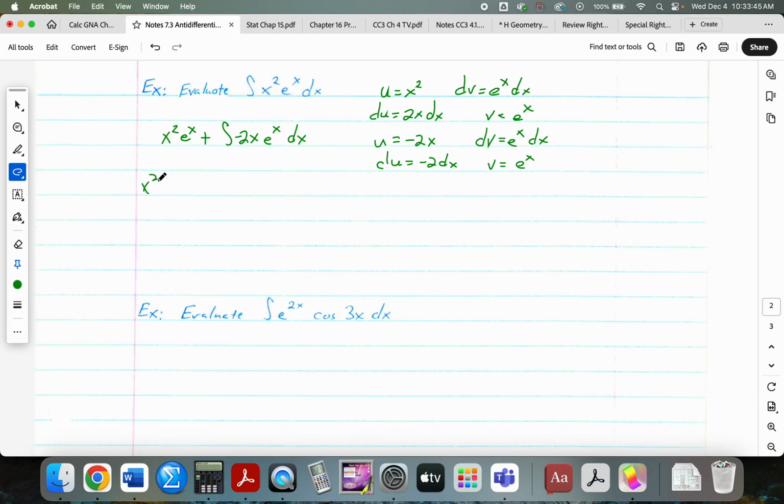Don't forget to keep the first term that you had, x squared e to the x, plus u times v, that'll be negative 2x e to the x, minus the integral of v du, so that'll be minus the integral of negative 2 e to the x dx.